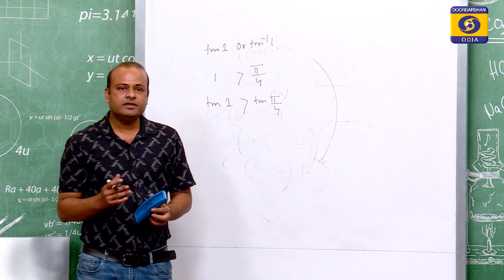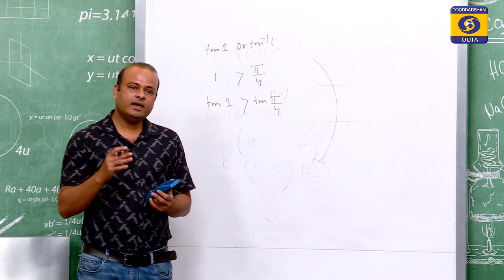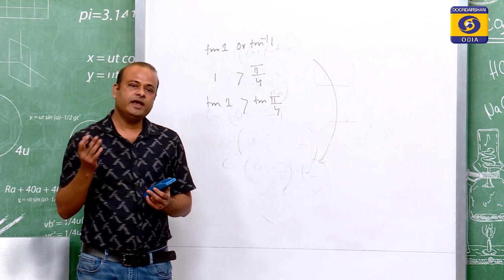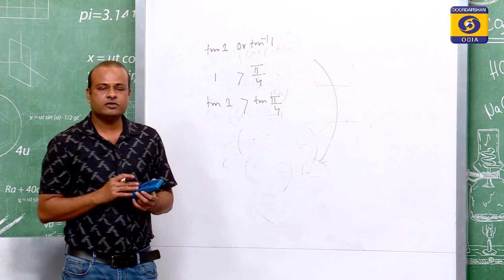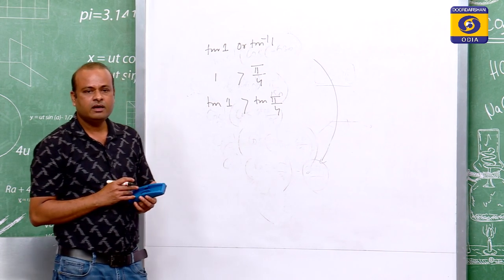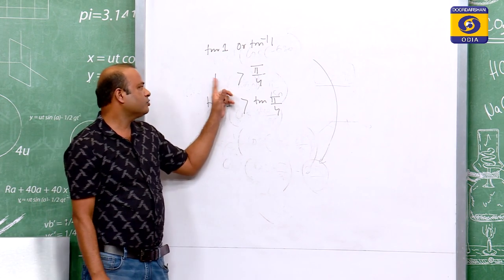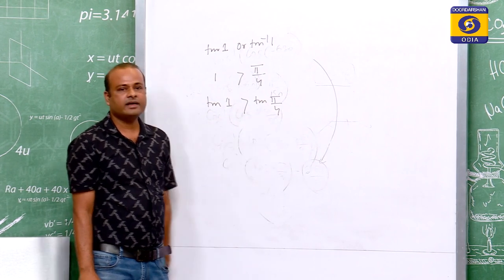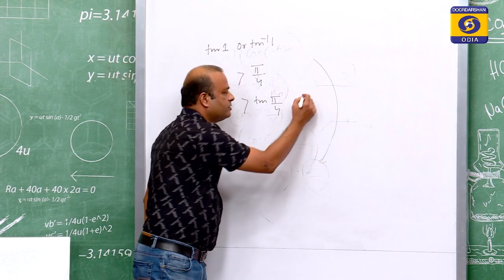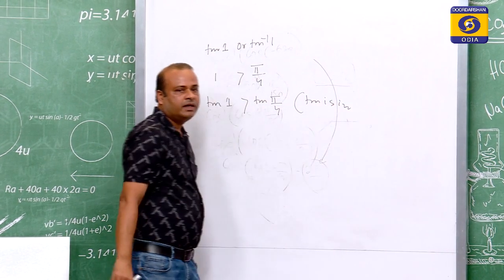Increasing means, suppose x1 greater than x2, if f of x1 is greater than f of x2, you can say the function is increasing. Here it is strictly increasing. So, x1 greater than x2, tan of 1 greater than tan of pi by 4, because tan is increasing, right.